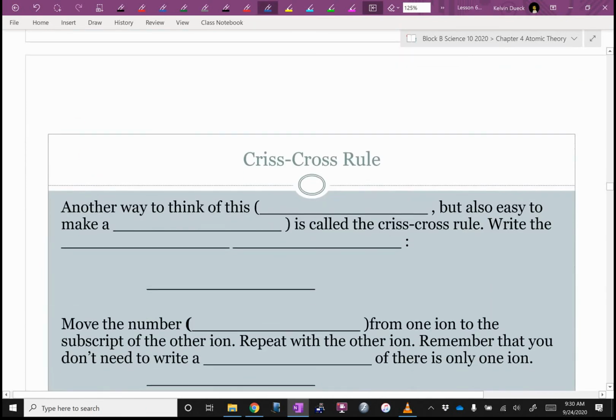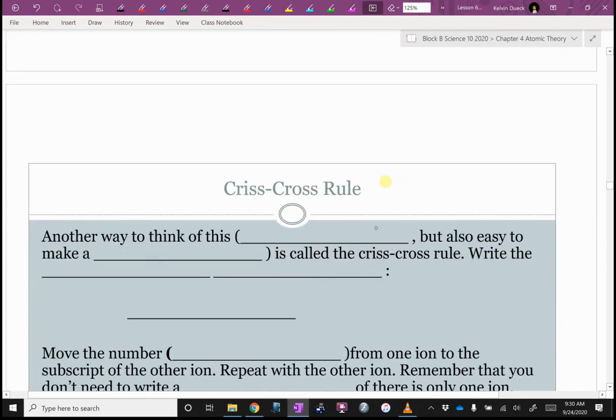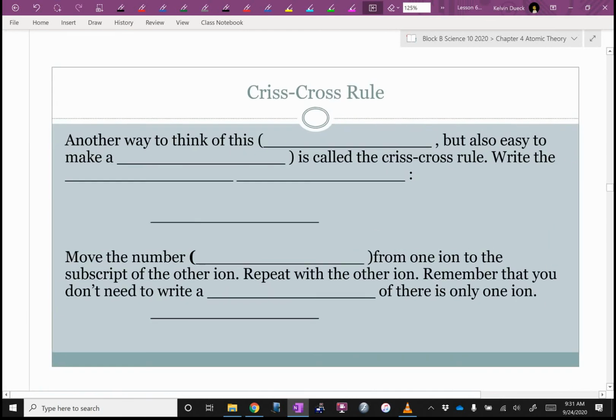We're skipping the boxes. If you turn the page, we're just beneath this little chart here that says Al2O3, a tough one. We're right here. So we're skipping it. Yep. Cross it out. We're going to just bring in the crisscross rule.